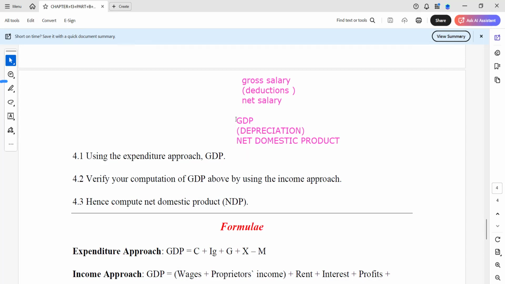We calculated the GDP right here and here. We got 972, yeah, 972. And we're going to minus the depreciation.